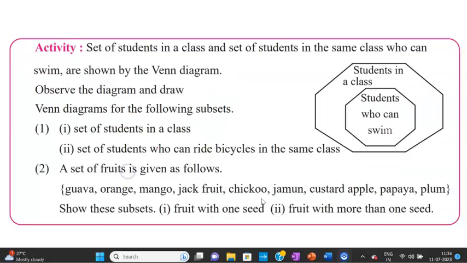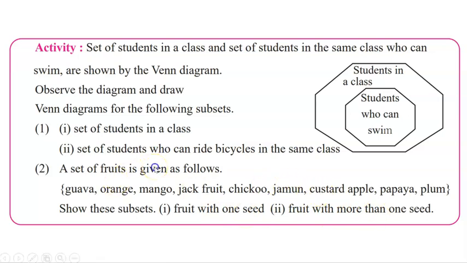Okay. Next Venn diagram. Set of fruits is given as follows: guava, orange, mango, jackfruit, chiku, jamun, custard apple, papaya, and plum. Show these subsets: fruits with one seed, fruits with more than one seed.